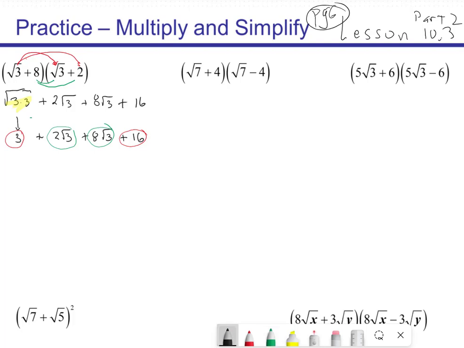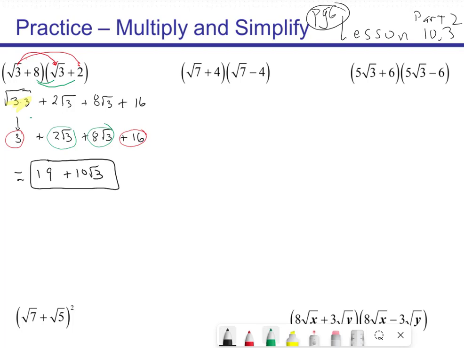So some of these I can combine. The 3 plus the 16 makes 19. And the 2 root 3 plus the 8 root 3 makes 10 root 3. That is the multiplied answer and the simplified answer all done.